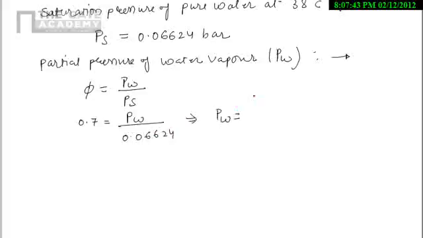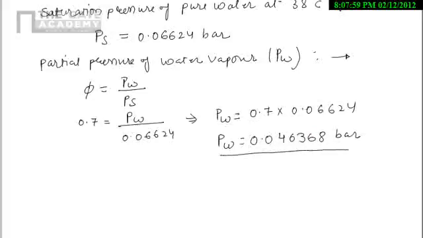So Pw we can find with 0.7 times 0.06624. So Pw will come to 0.046368 bar. So the partial pressure of water vapor in that case will be 0.046368 bar.